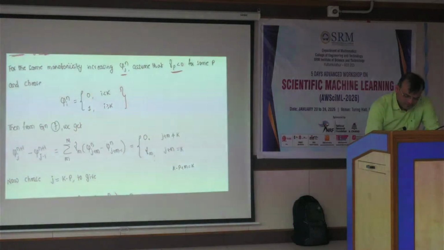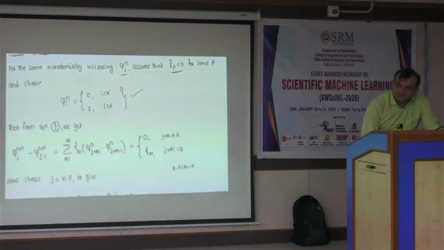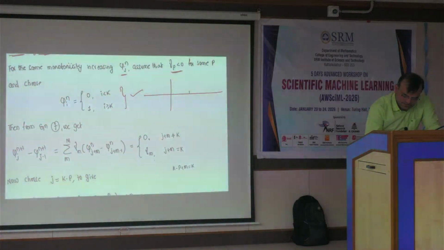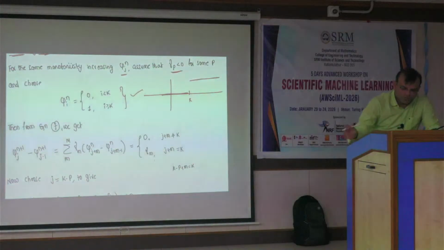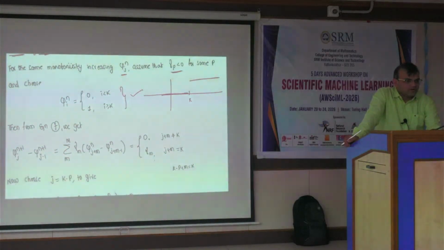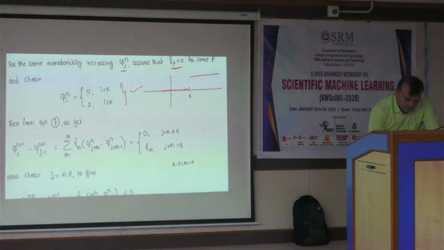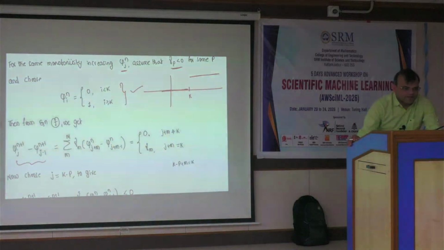Again, if I choose a test function, for example, let us say this is a k value: for all the values I'm feeding 0, and the other values I'm feeding 1. This is the test function. Now for this test function, when we take the difference with the help of the numerical scheme, obviously this is gamma m.